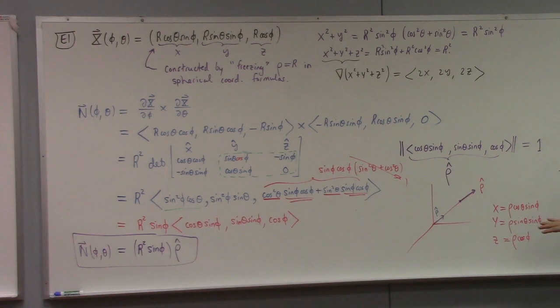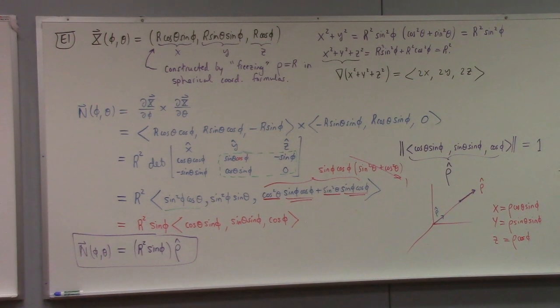But there's another way. We could use the gradient to calculate it. How to derive rho hat with calculus? We can let rho hat be, by definition, the gradient of the rho function divided by the length of the gradient of the rho function. And I had you work a homework problem to try to convince you that there's a lazier way to look at these things. Remember the g and the f squared problem, or the f and the g squared problem? I forget which it was. But I can look at this like this.